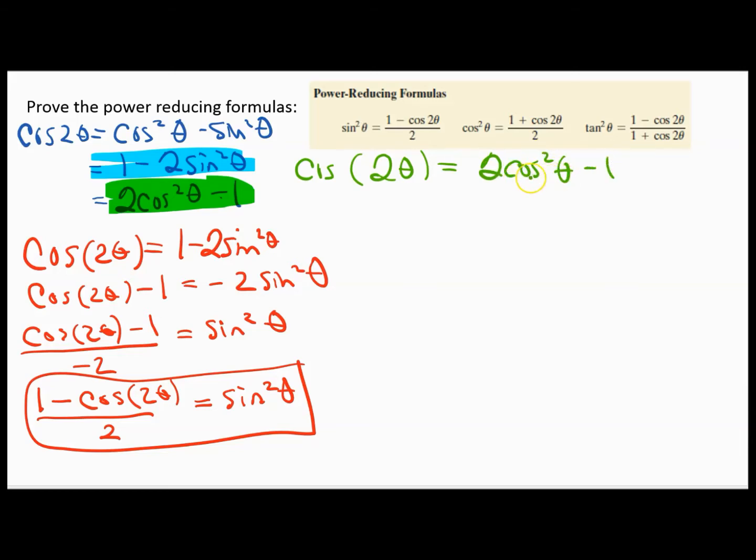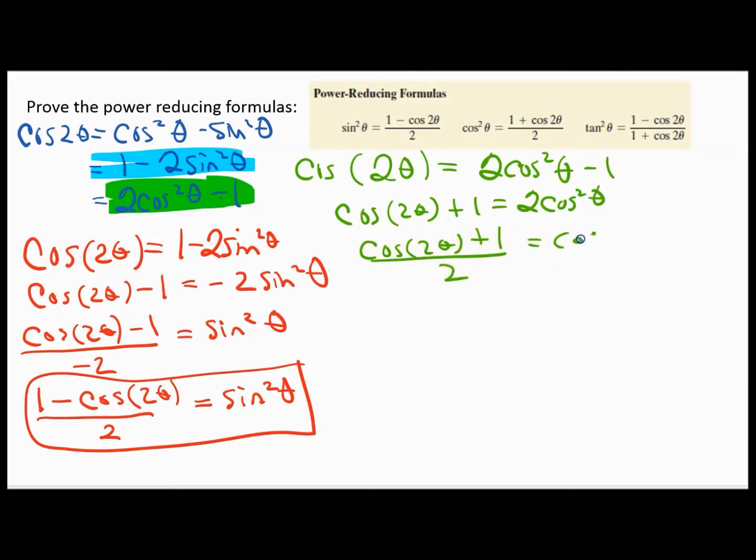And I'm going to do the same thing. I'm going to solve for cosine squared of theta. So to do that, I'm going to add 1 to both sides. I get cosine of 2 theta plus 1 is equal to 2 cosine squared of theta. Now I've got to get rid of the 2. So I have cosine of 2 theta plus 1 divided by 2 is cosine squared of theta.